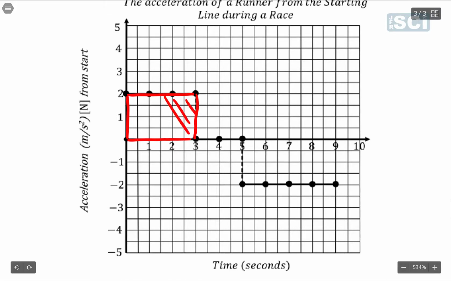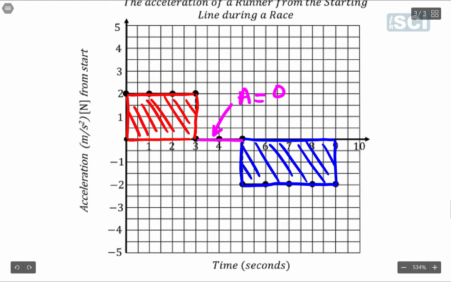So I'm calculating the area here, and between the line and the x-axis would give me this rectangle here, right? And then we also have this section in the middle. Okay, we know that the area of that line would be 0 meters per second.